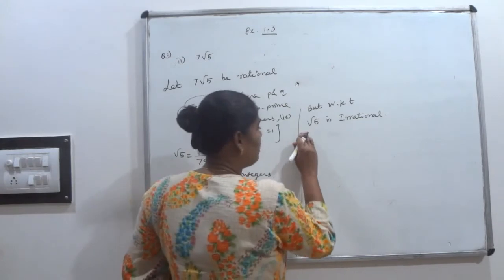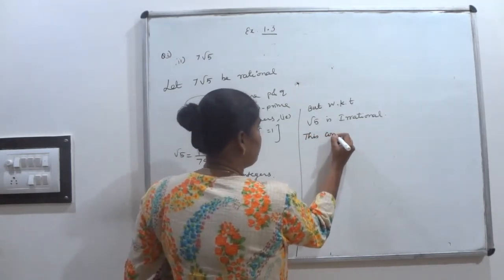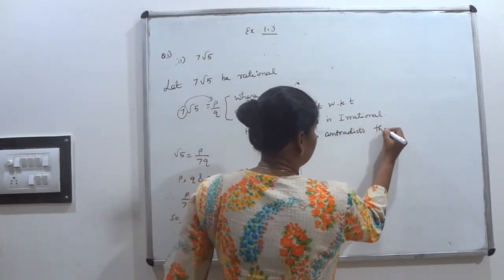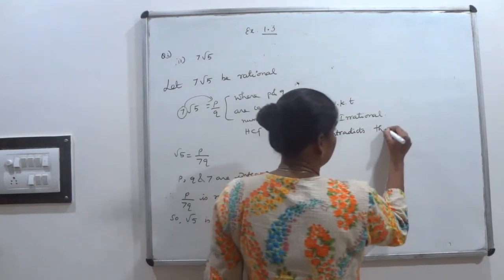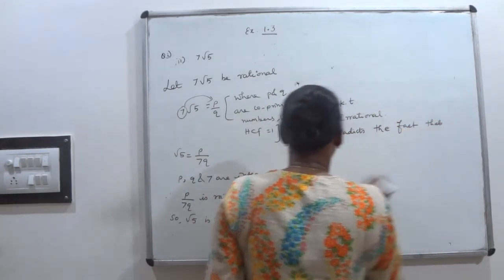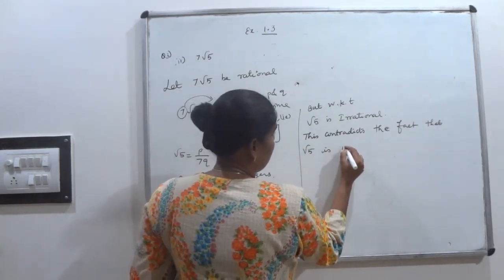That's why both contradict each other. So I have to write it here. This contradicts the fact that root 5 is irrational.